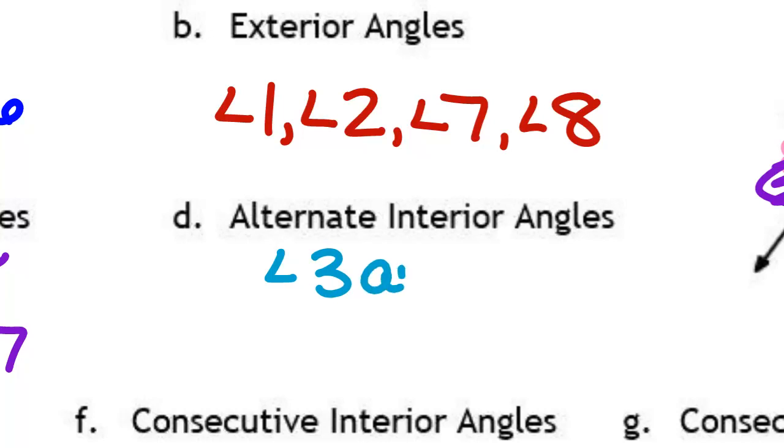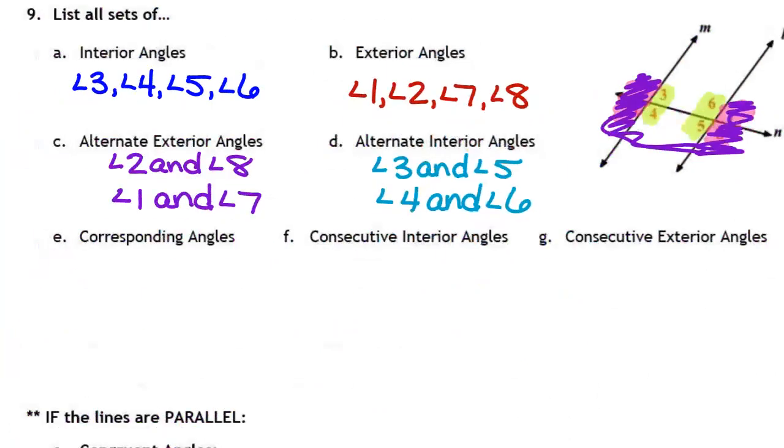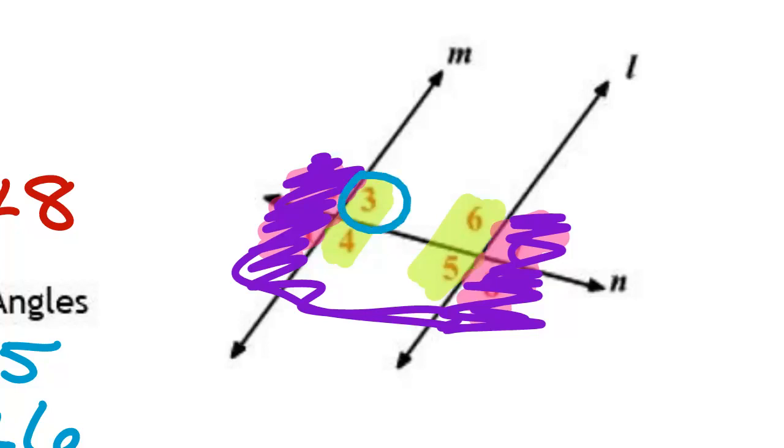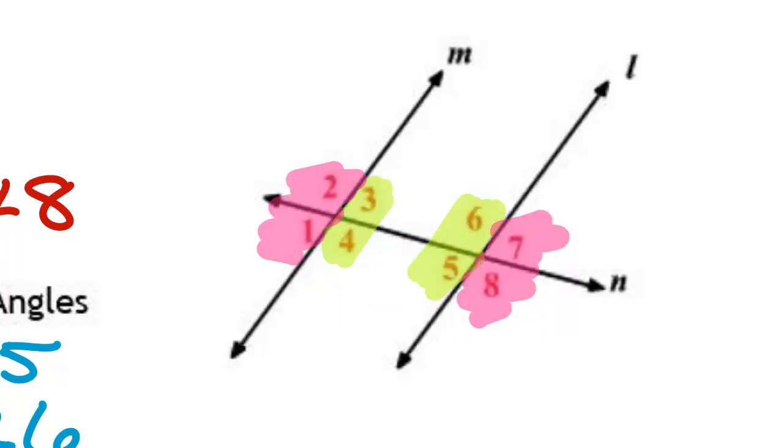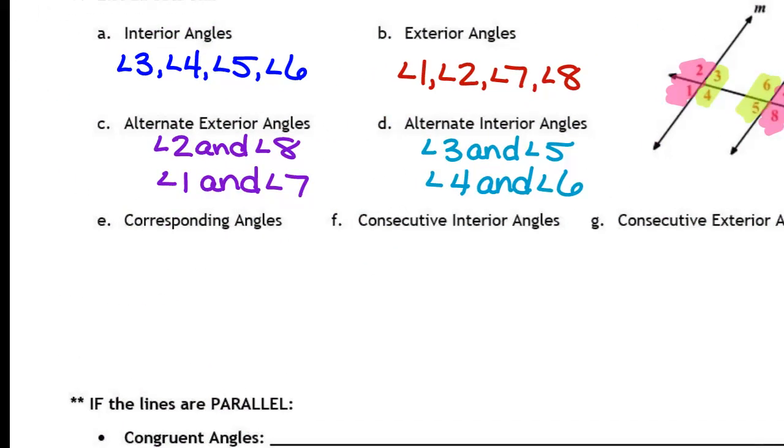Angle 3 and angle 5, angle 4 and angle 6. They're alternate because they're on opposite sides of the transversal. Angle 3 is above the transversal, angle 5 is below it, and they're both interior angles. Similarly with 4, 4 is below the transversal and 6 is above the transversal.